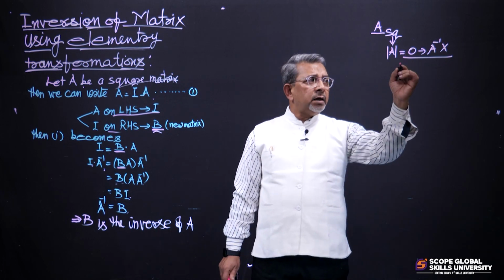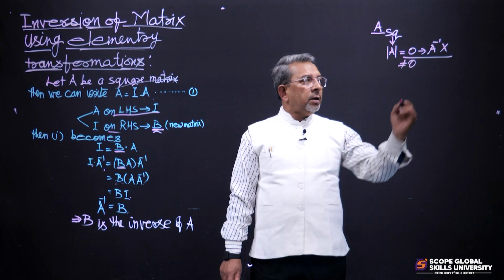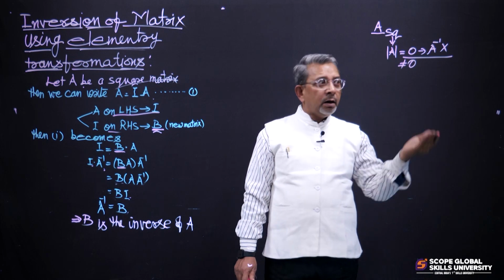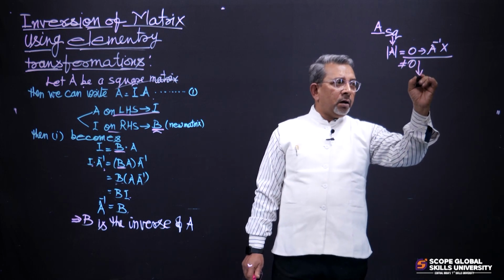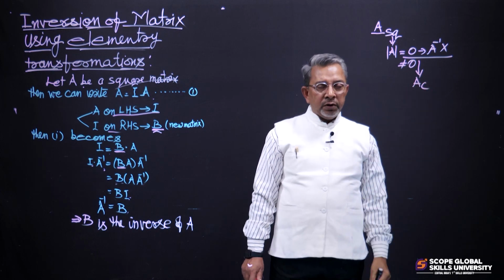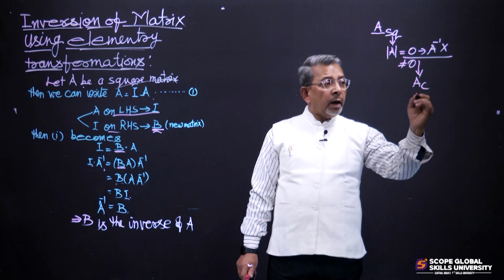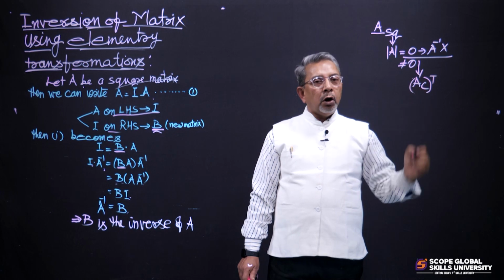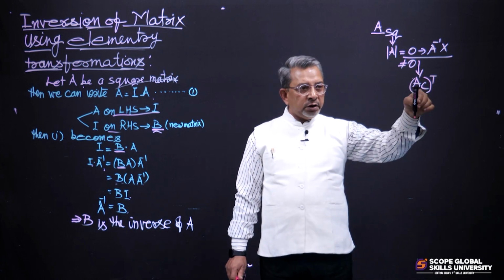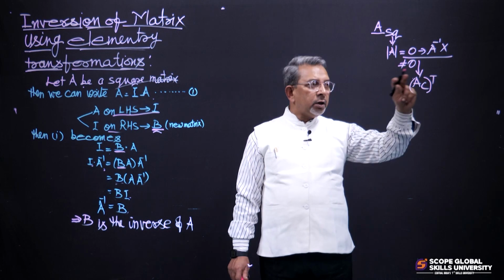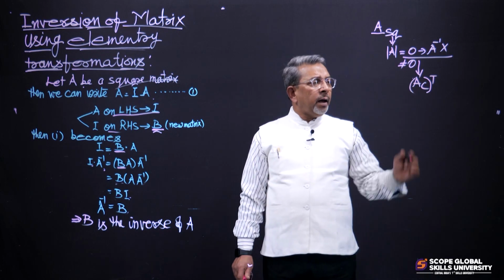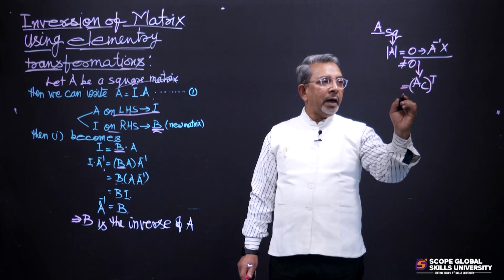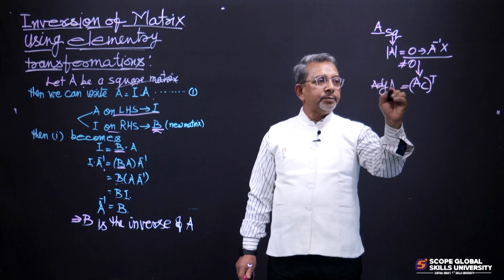But if it is not equal to 0, then naturally the inverse is possible, and for that we will find the matrix of coefficients, सह खंडों का आव्यूह, and after getting the matrix of coefficients we will consider its transpose, that means rows are changed into columns. जो पंक्तियां हैं, पंक्तियों को आप स्तंभों के रूप में लिखेंगे, and this transpose of the matrix of coefficients is known as the adjoint of A.